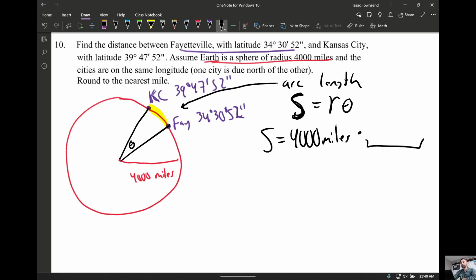So I really want to subtract Fayetteville from Kansas City, but it's hard to subtract degrees, minutes, and seconds from degrees, minutes, and seconds. So another skill that you had is changing this to a decimal by putting this in the calculator. Oops.